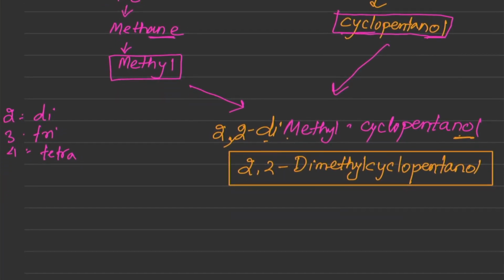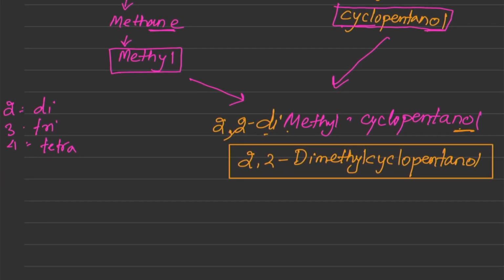All right, let's do another one. Maybe I will add something like this. I'll add a chlorine right there. What shall we call it? Our parent chain must contain the alcohol, so this is going to be part of the chain.